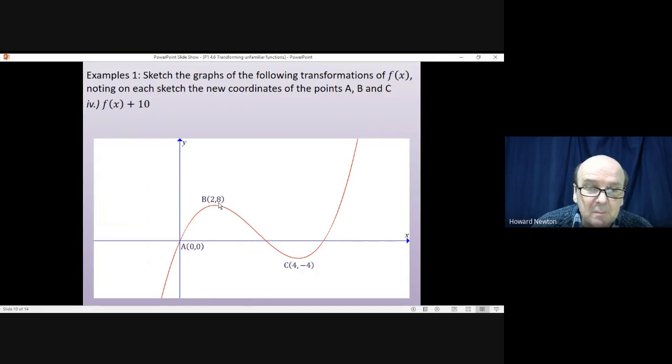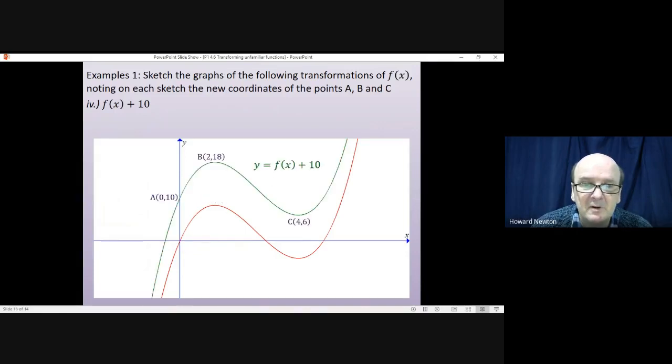So at B, the y value of 8 is going to go up to 18. -4 will go up by 10 to +6. And this time, the point A will move. 0, 0 is going to move up to 0, 10.